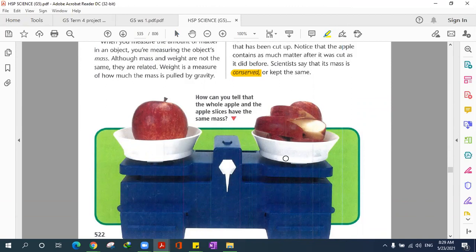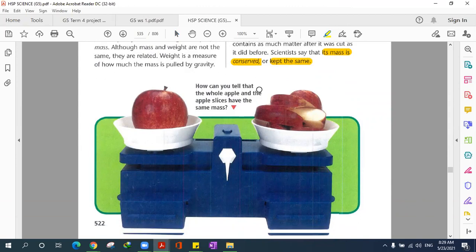You can still see that they are the same mass, though we changed the shape of the apple. Can you see that? Okay, so that means the mass is conserved, which means it's kept the same. It doesn't change as we change the shape of the matter.